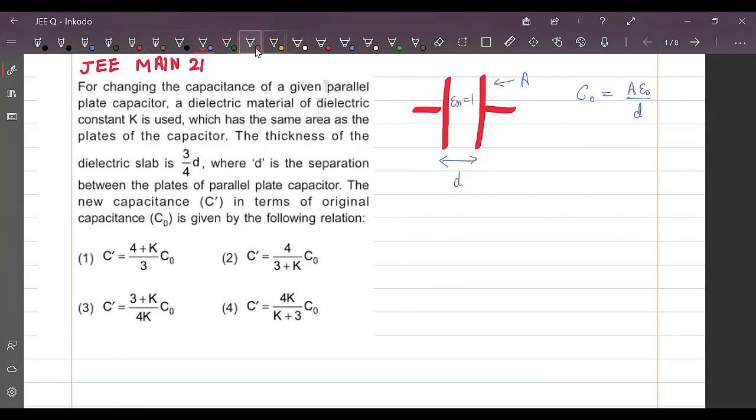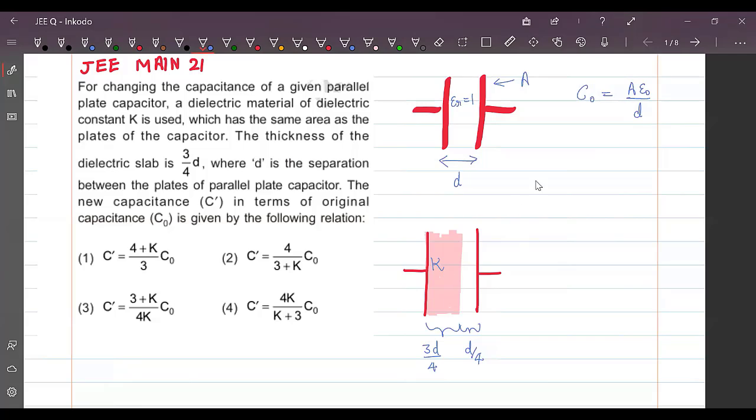Now we are taking the same capacitor and 3/4 of this gap is filled by a dielectric material of dielectric constant K. So that will look something like this. 3/4 is filled, so 1/4 still has air in it, or you can say the dielectric constant in the remaining part is 1.